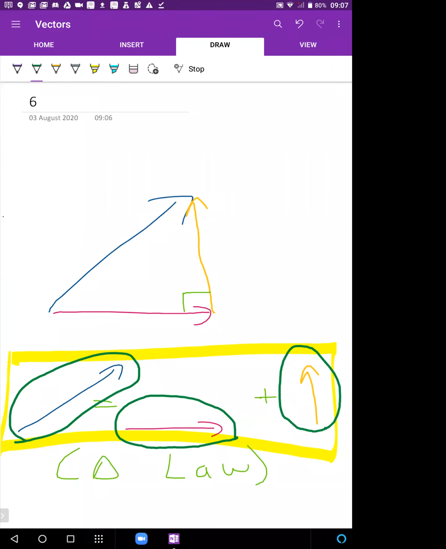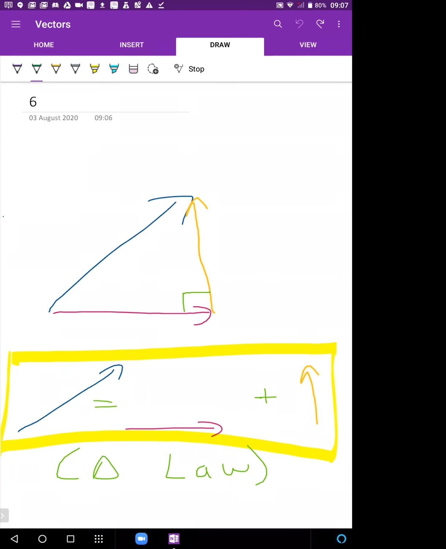So if my blue vector is some vector in the xy plane, I can replace it with a vector along the x-axis and a vector along the y-axis by triangle law.